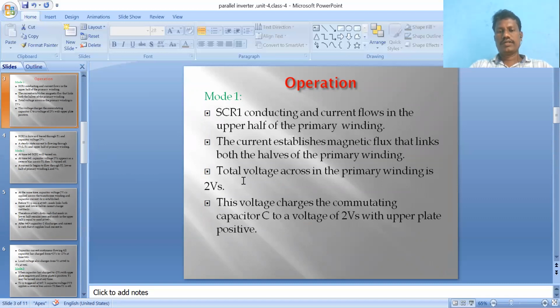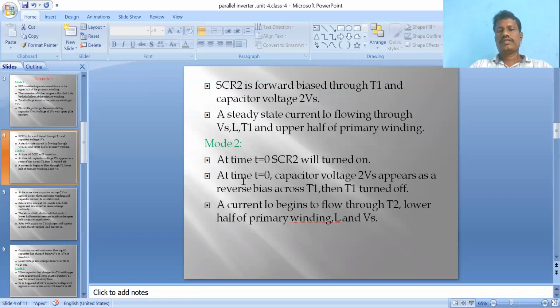The total voltage across the primary winding is 2 VDC or 2 Vs. This voltage charges the commutating capacitor to plus 2 Vs with the upper plate positive. Then SCR2 is forward biased through T1 and the capacitor voltage is 2 Vs. As a steady state current, I0 flows through Vs, L, T1 and the upper half of the primary.